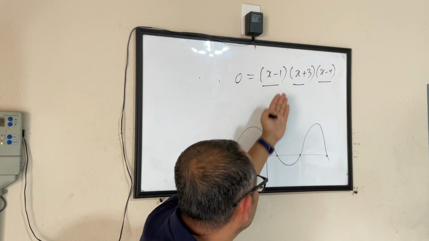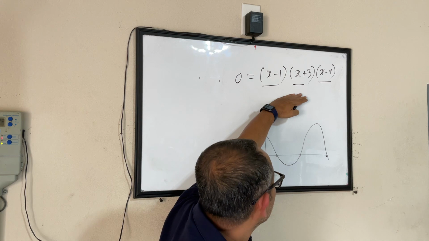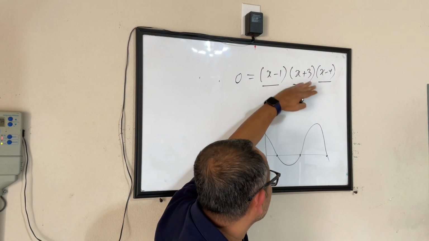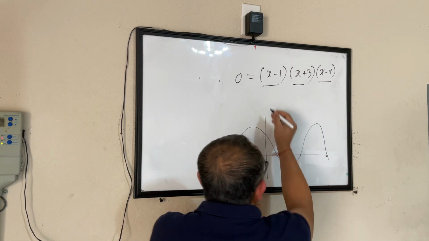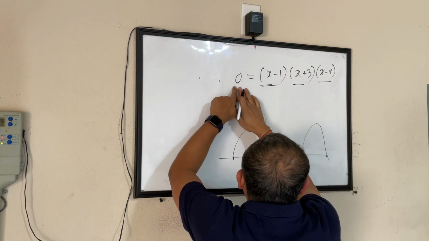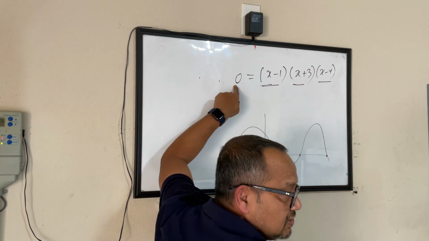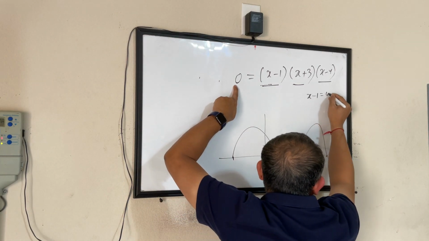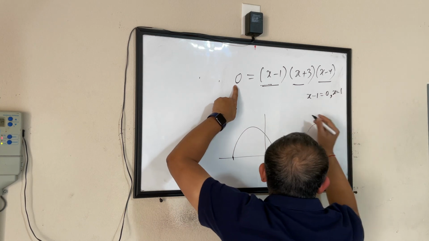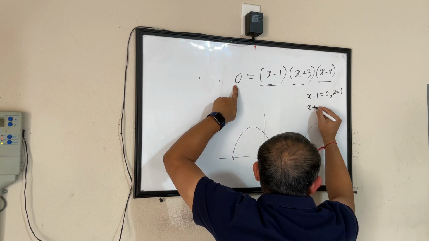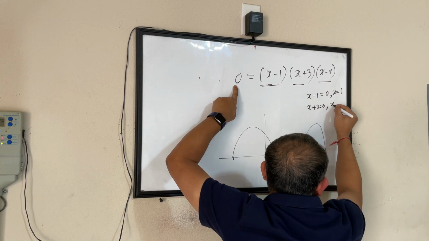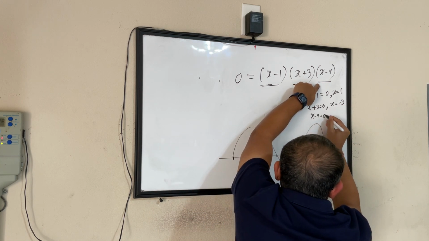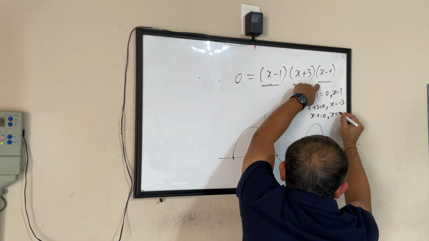So if you find out the zeros of this polynomial, which we converted into a factor form, there are 3 scenarios when you'll be achieving 0: when x minus 1 equals 0, or x equals 1. Second situation is when x plus 3 equals 0, or x equals minus 3. Or x minus 4 equals 0, which makes x equal to 4.